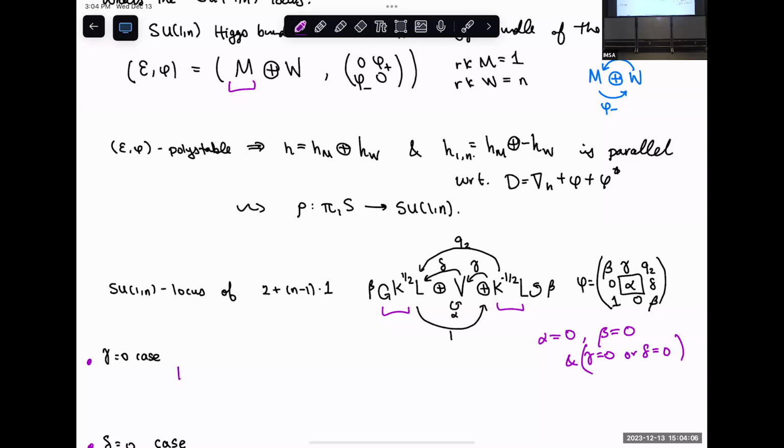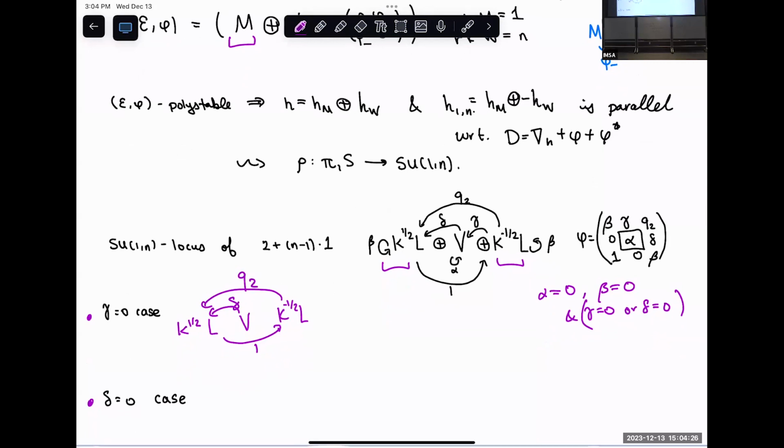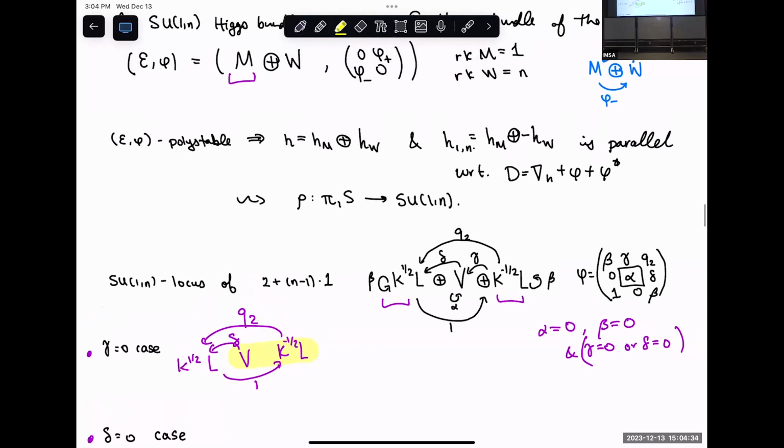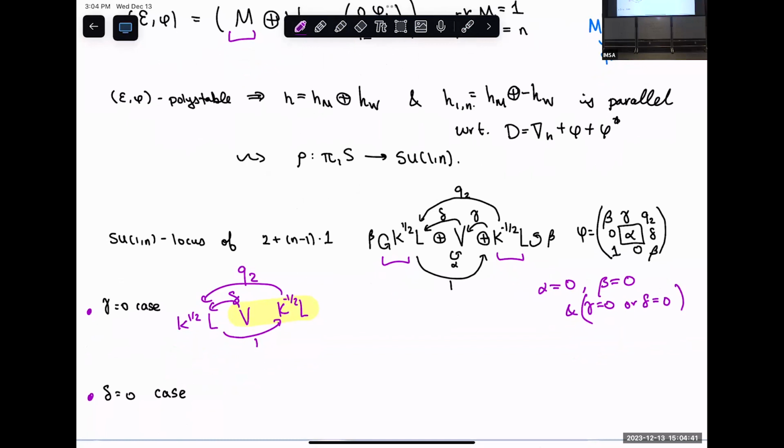So let me just again write those schematically. That's K^{1/2}L, 1, K^{-1/2}L, V. This is the case when gamma is 0, so I look like this. And then delta, so in this case this rank n bundle is my W, and this one is my M. And in the other case, which one is the line bundle is flipped.